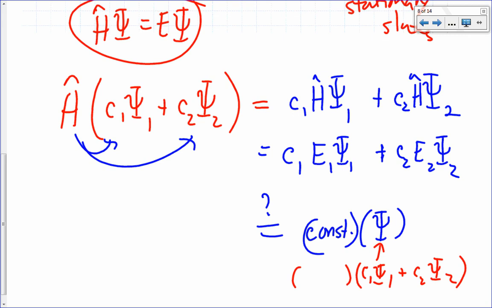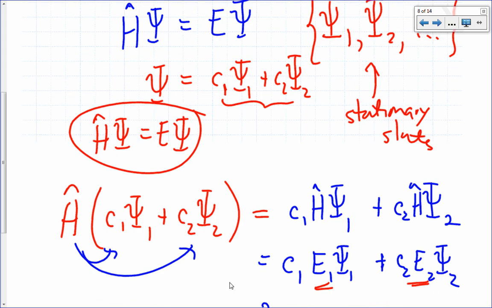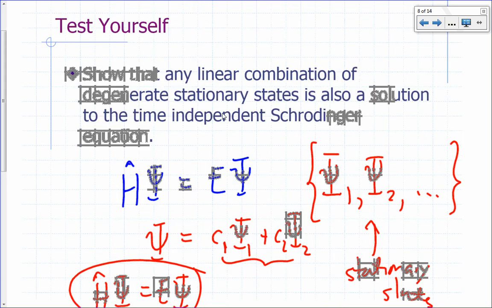Only if E1 is equal to E2, right? I can't pull out a constant here. That's why we have to have degenerate states. If E1 is equal to E2, then this is going to be E1 or E2, and then the state function is an eigenfunction of the Hamiltonian operator if it's a linear combination of degenerate stationary states.